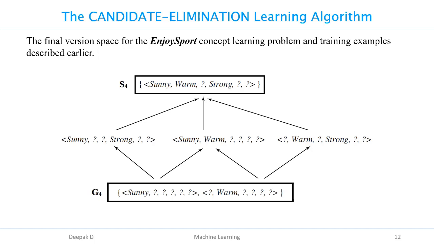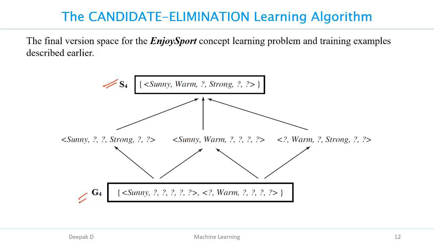There are two boundaries, the S boundary and the G boundary, which move monotonically closer to each other, delimiting a smaller and smaller version space of candidate hypotheses. This is the final version space of your candidate elimination algorithm. I hope you have understood this example clearly.